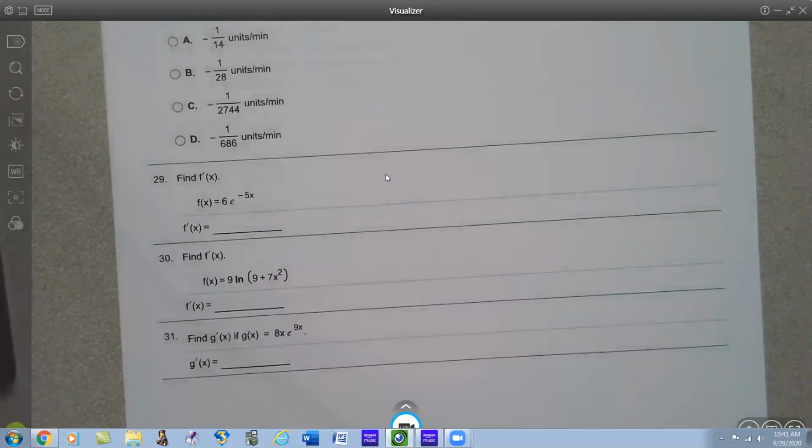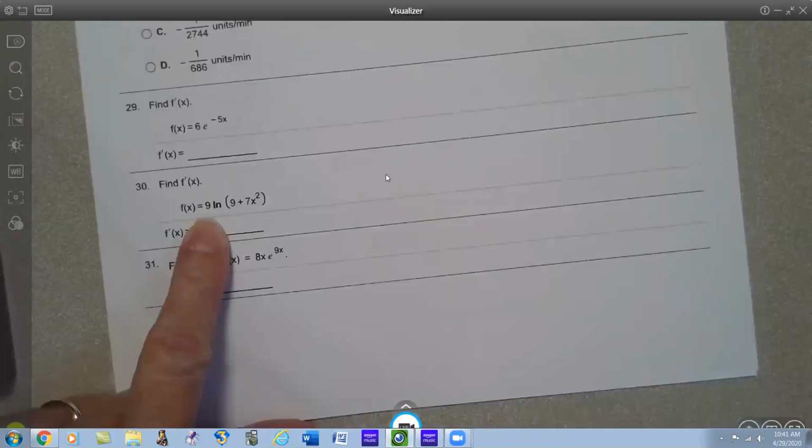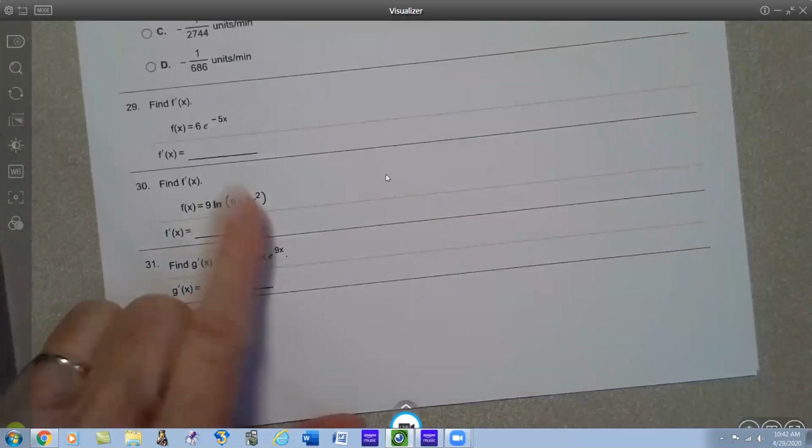The whole test is multiple choice, so this is still working out a problem. LN, here's an example of one that there's a constant up front. So I'd have 9 times, draw my line, put that in the denominator. The numerator would be 14x, and then you clean it up.